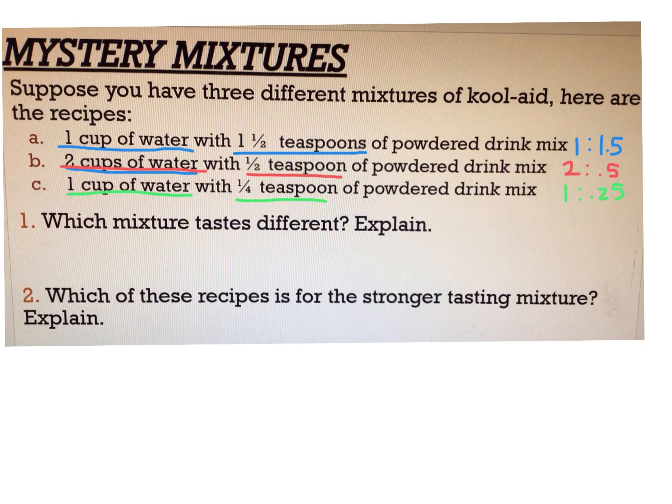Well, it seems like the most different is this first one. This first one only has 1 cup of water, but it has a lot of the powdered mix compared to the others. The others are smaller decimals, and this one is more than 1.